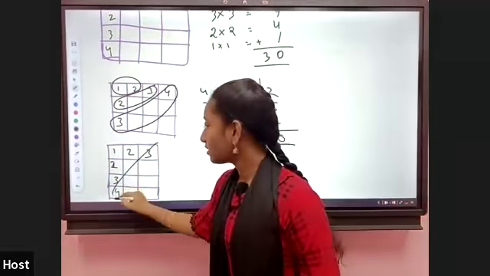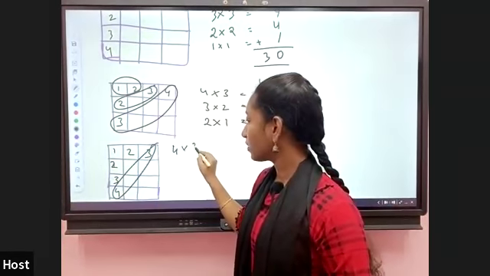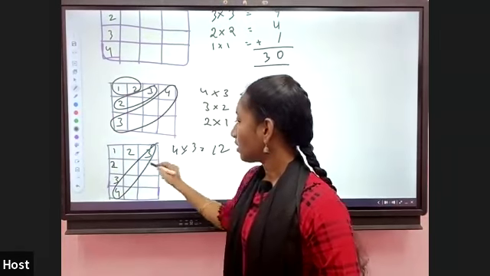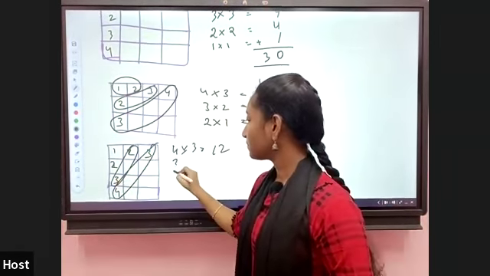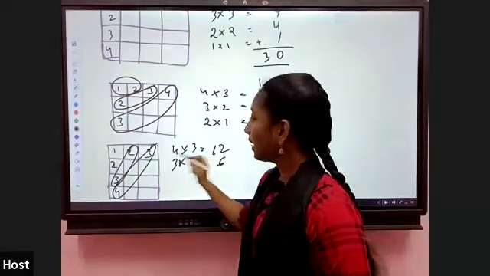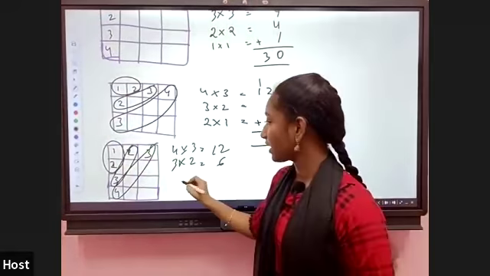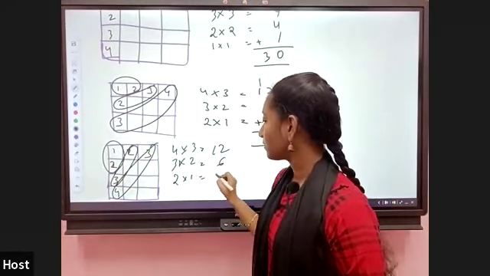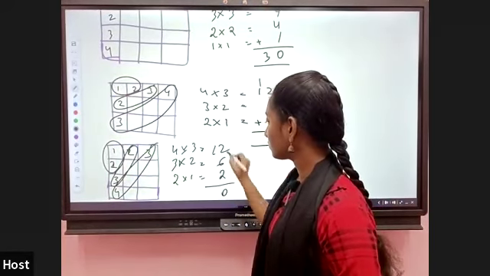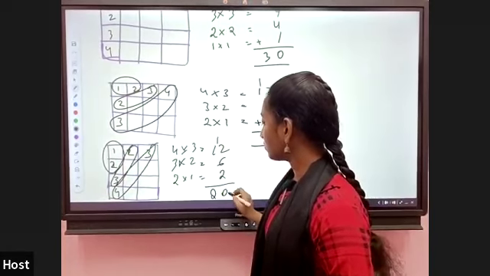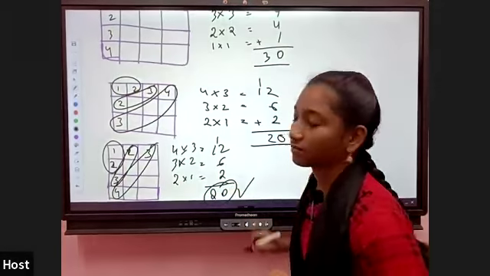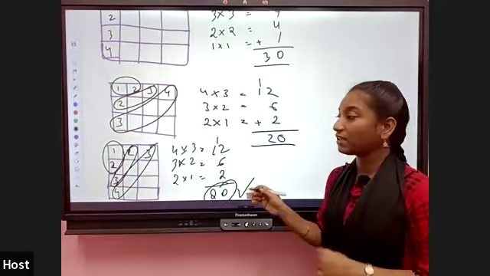Same process: 3 into 4, or 3 into 2, next 2 into 1. Both are the same process. So 20 is the answer. There are 20 squares in the given figure.